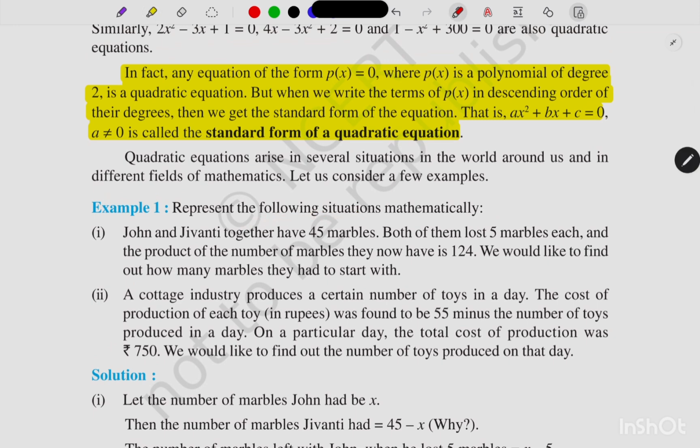John and Jivanti together have 45 marbles. Both of them lost 5 marbles each. And the product of the number of marbles they have now is 124. We would like to find out how many marbles they started with.